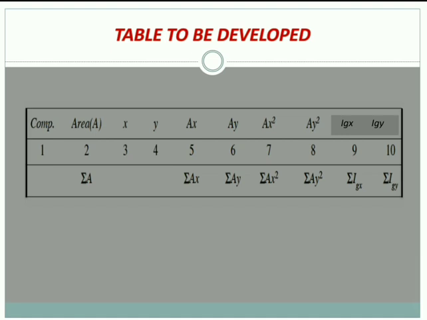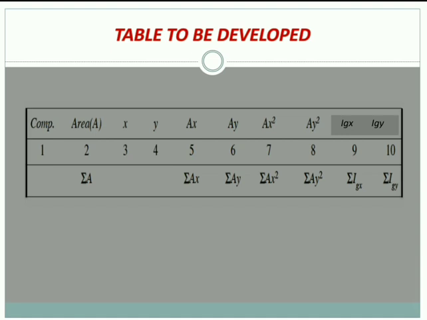Igx means the x-axis we are considering, Igy means the y-axis we are considering. Which axes are those? The centroidal axes of the element. Remember, the last two columns are individual element calculations, don't get confused.